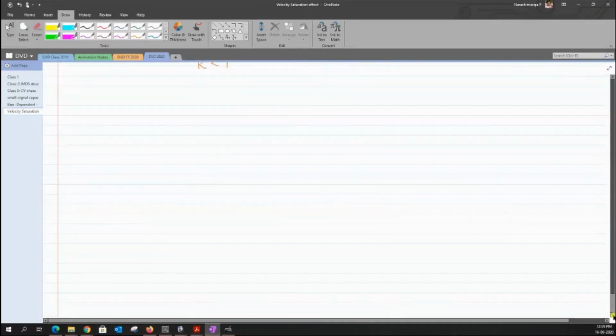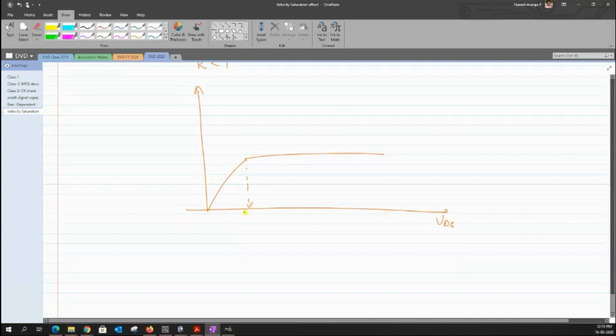So in the previous case, yeah, for a longer channel device, the device was entering into saturation when the value of VDS is exactly equal to VGS minus VT. Okay, so this is for the case of a long channel. But in our case, what happens is that I'm entering into the saturation regime well before reaching the value of VGS minus VT.